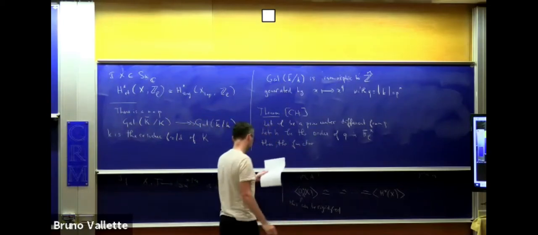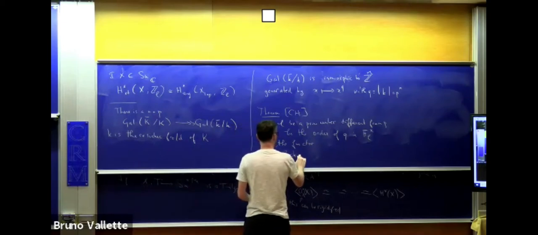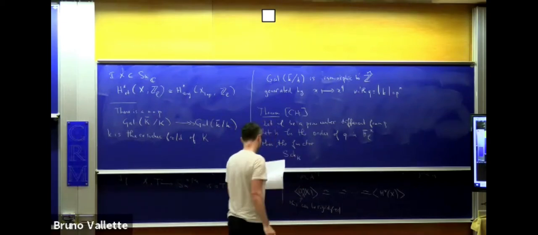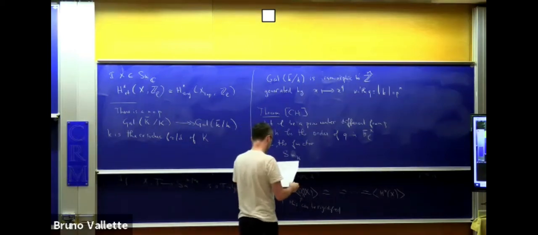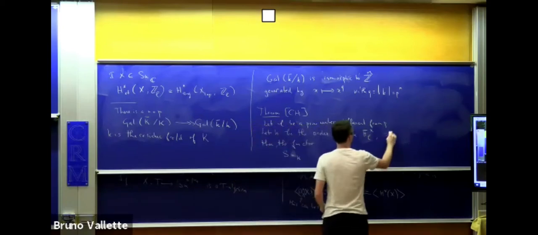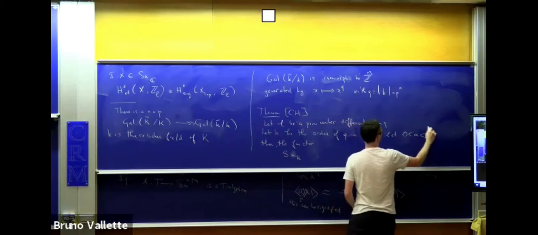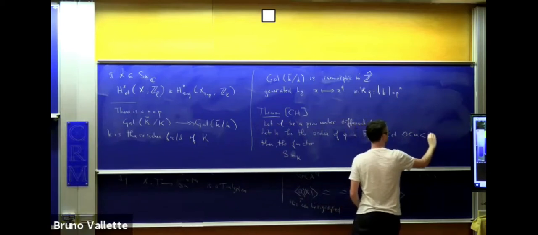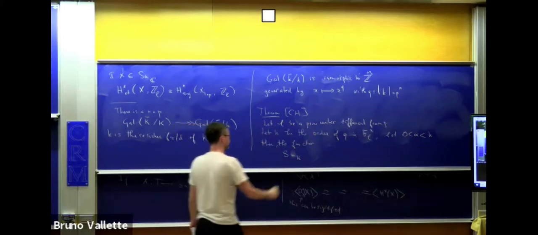Then the functor from schemes over K, sorry, one last thing I need to define. Let alpha be some rational number between 0 and h.